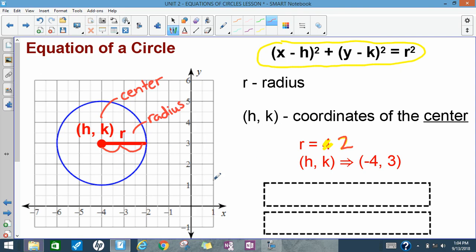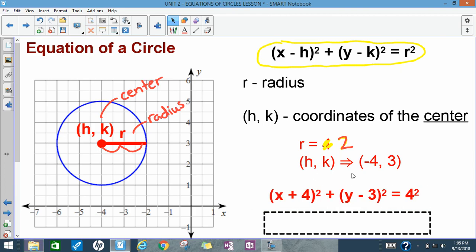I actually documented the diameter, which is twice as big as the radius. So now to write the equation, all I have to do is plug these numbers in. I plug -4 in for h. I plug 3 in for k. And I plug 4 in for r.